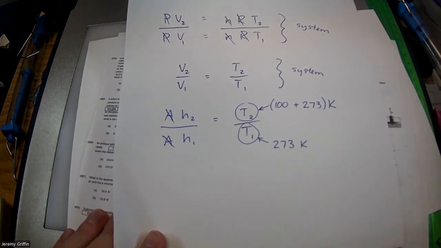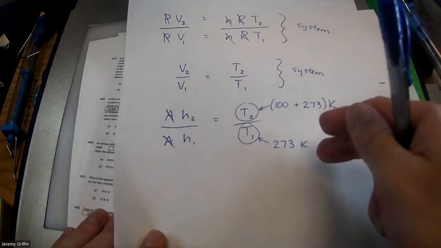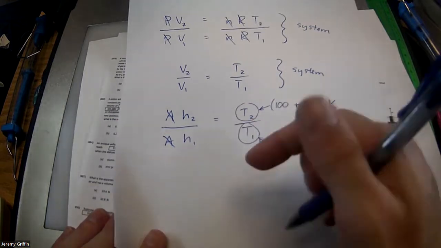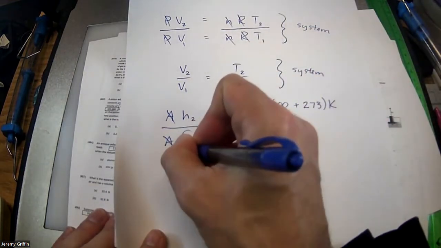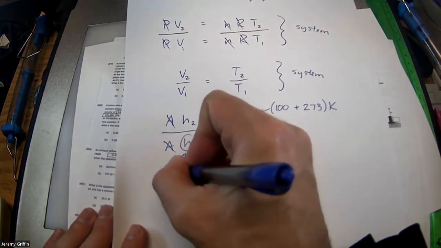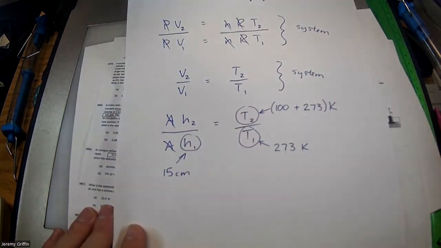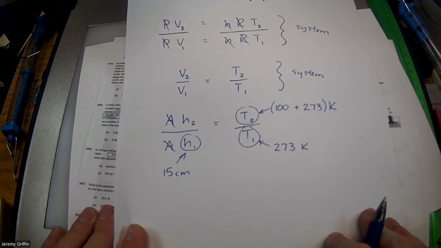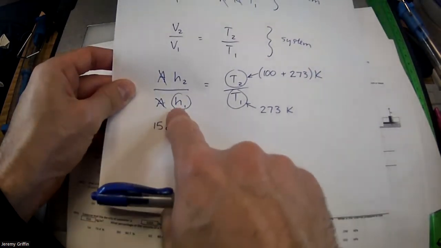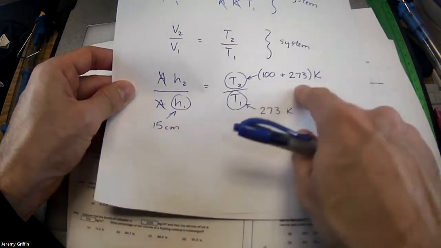Okay, so there's some proportional increase of temperature, like the absolute temperature. And it's going to be the same proportional increase in height for that cylinder to move up and down on that piston. Okay. And I know my initial height because that was also a given value. On my paper, it says 15 centimeters. For you guys, I think it's something else. You guys see how it's going to feed in like that? Okay. Now, one more math step, I'm going to take that original height and cross multiply it up.